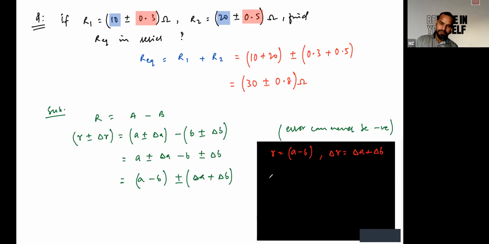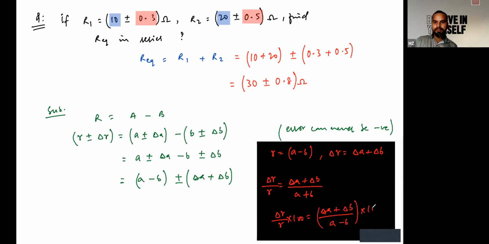And if you divide these two terms, you will get fractional error as delta r by r is delta a plus delta b divided by a minus b. And if you multiply it by 100, you will get percentage error. Delta r by r into 100 is equal to delta a plus delta b divided by a minus b, and whole multiplied by 100. Here it would be minus sign.